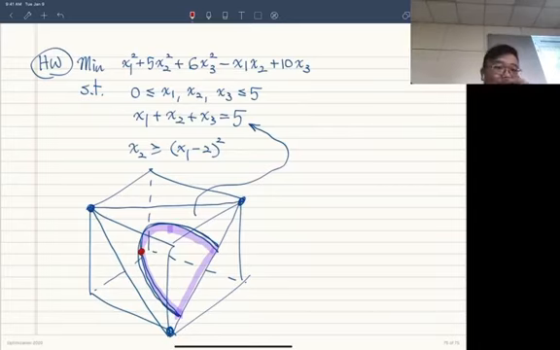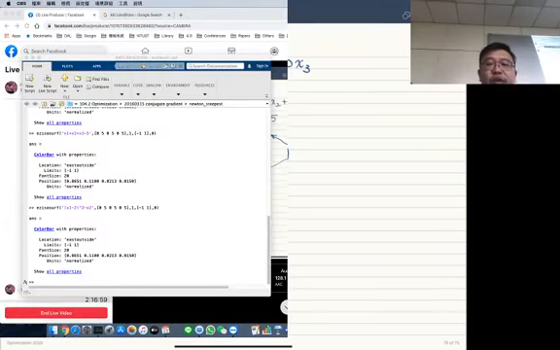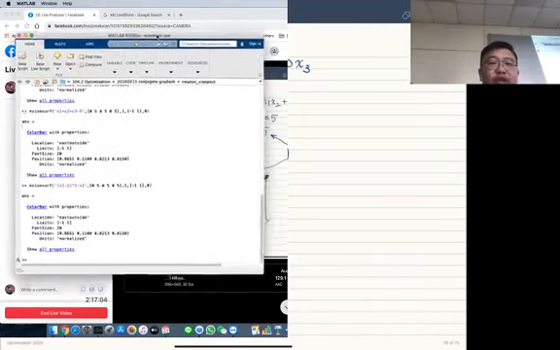If I want to solve it by MATLAB, I have all the equations. Let me show you the screen first. Then you can copy the problem later on.